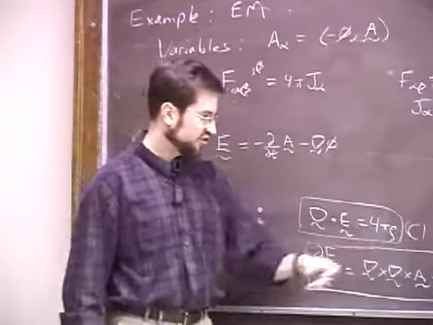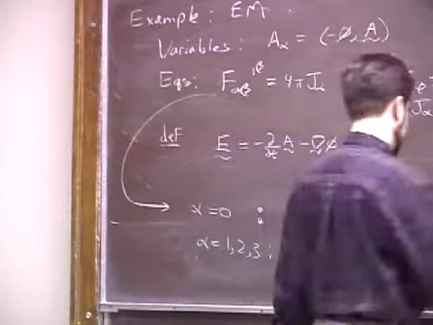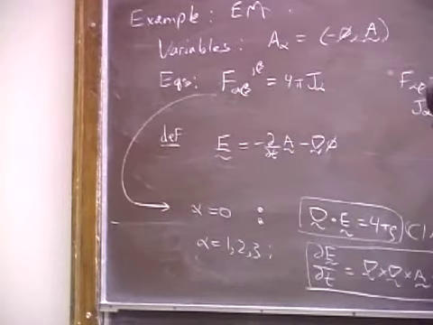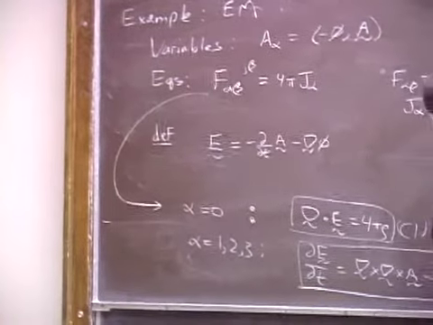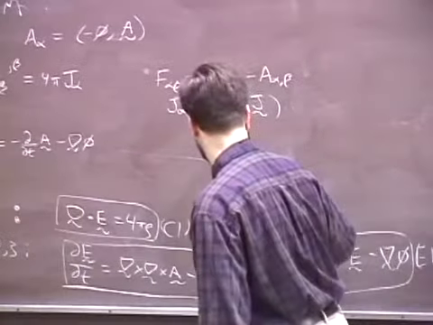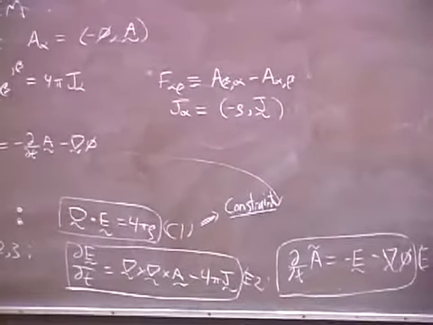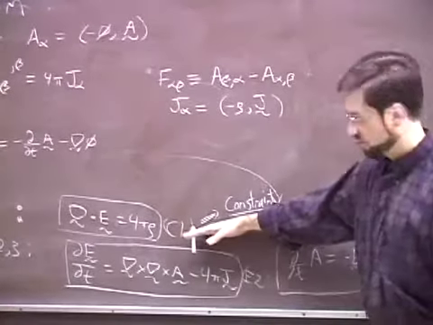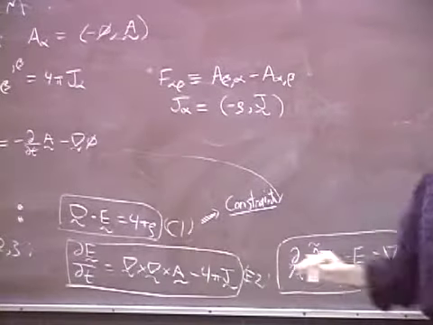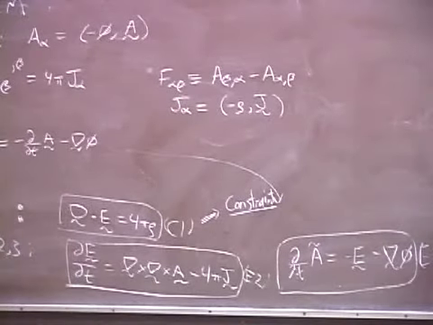So why do I call these E1, E2, and C1? This C stands for constraint. And that's because this divergence of E equation constrains the value of E that you can have at any particular time.